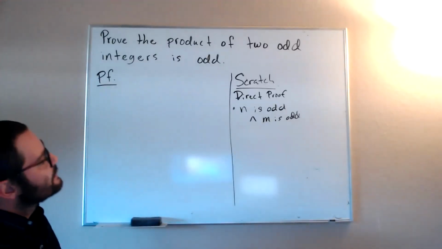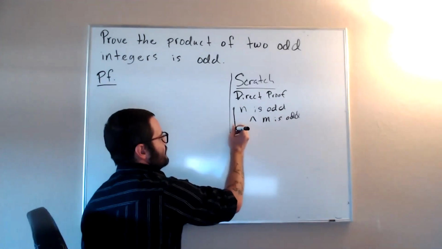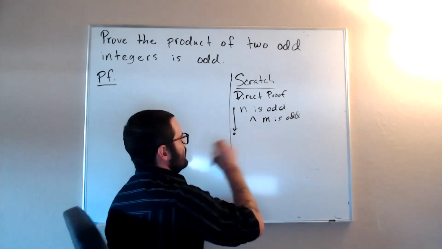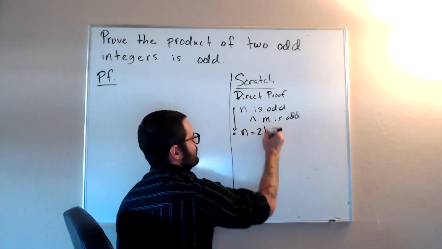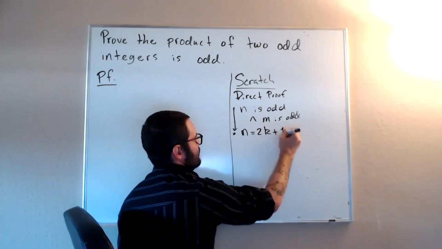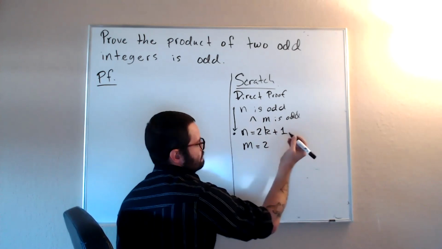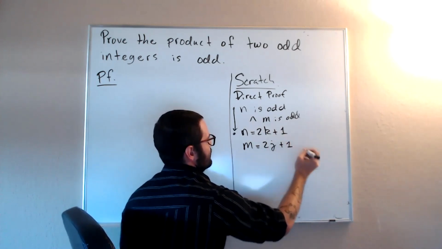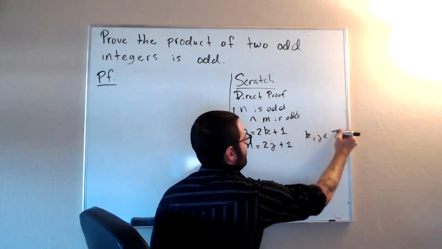Okay. So once we've made that assumption, we can then recall the definition of being odd. So that means that n is equal to 2k plus 1 and m is equal to 2j plus 1, where k and j are integers.